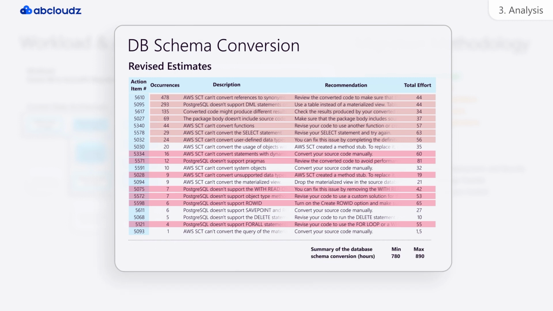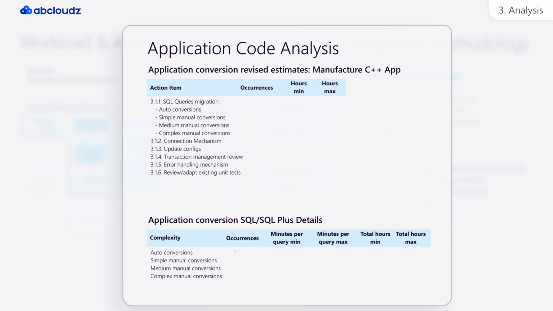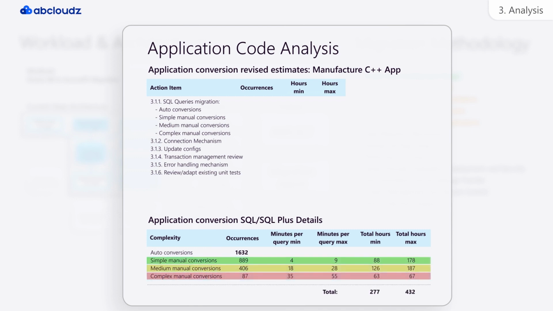After addressing the conversion issues associated with the database schema, we move on to the subsequent steps, which involve adapting code components to smoothly integrate with relevant elements of the future architecture. Let's review our approach to analyzing such components in detail using the manufacturer C++ application. Similar to the database schema, WSSCT categorizes action items based on their complexity and provides time-based effort estimates.